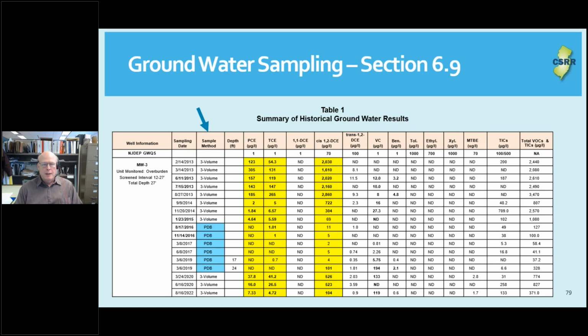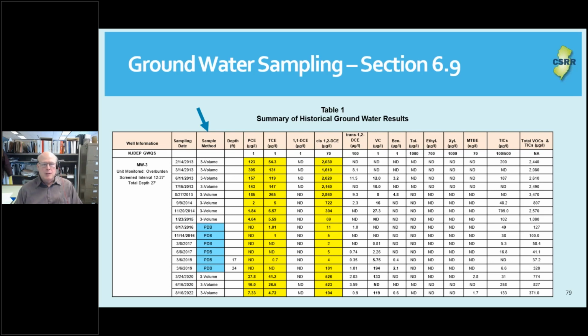When you compare the highlighted sampling results to the identified sampling method, the sampling results from the polyethylene diffusion bag samples are notably lower than that generated by the volume averaged method. The effect of changing the sampling method was confirmed when switching back to the volume averaged method resulted in an increase in the highlighted compounds.